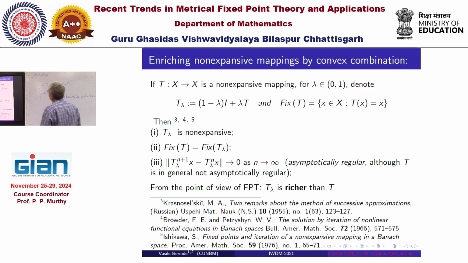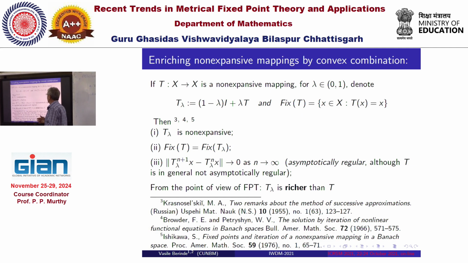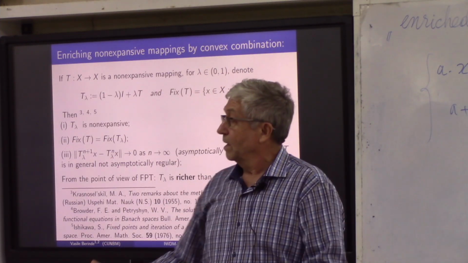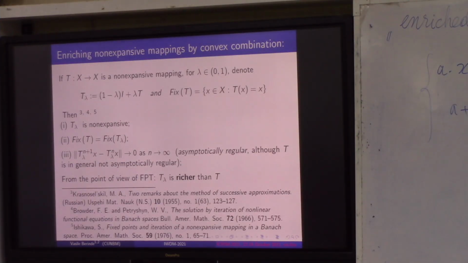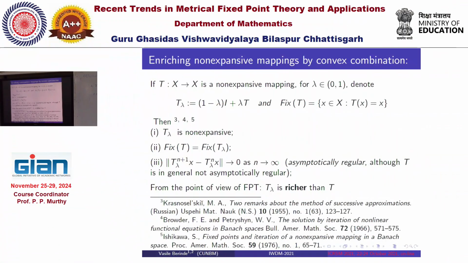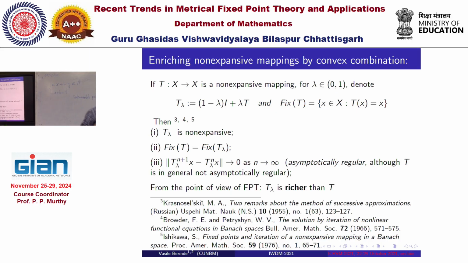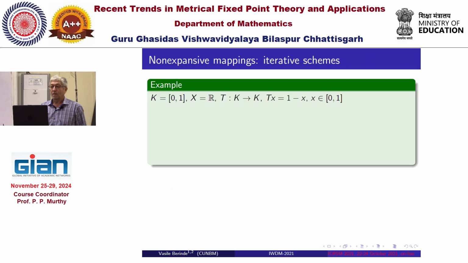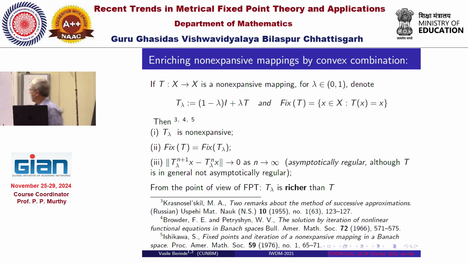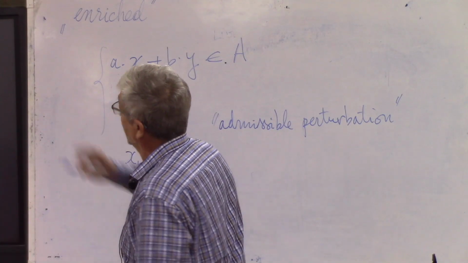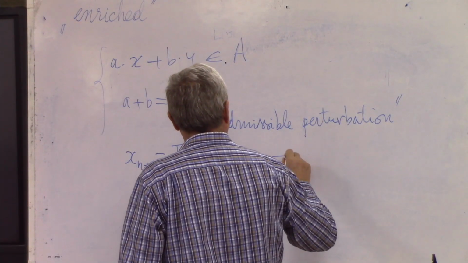So exactly as I anticipated, by a convex combination of the identity and of the non-expansive map itself, we get a map which has a new property, asymptotic regularity. And this asymptotic regularity is extraordinarily important, as we will see. In general, the Picard iteration x_{n+1} associated to a non-expansive map does not converge.